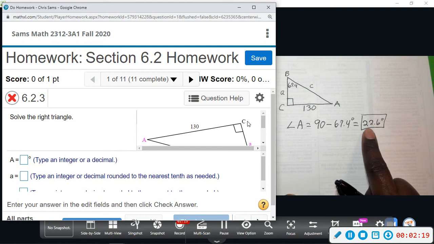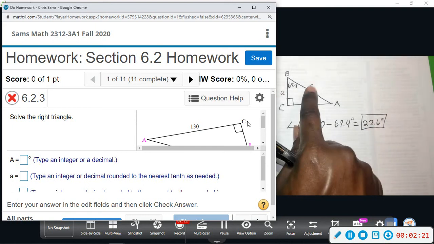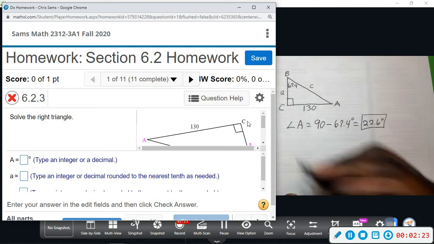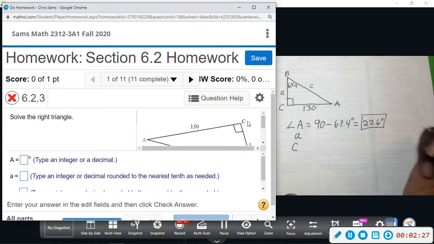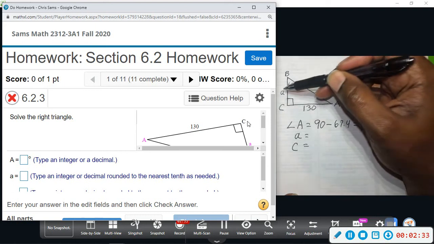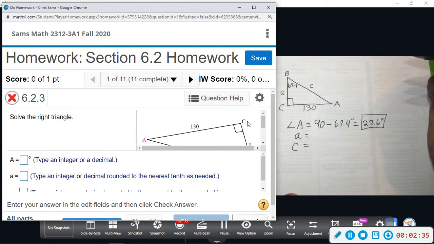Now that we have angle A, we want to find side A and side C. The way we find those is by using trig. Normally we would use the Pythagorean theorem, but we need to have two sides, and we don't have that.